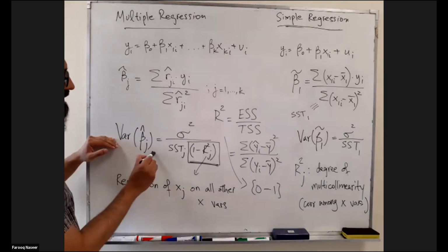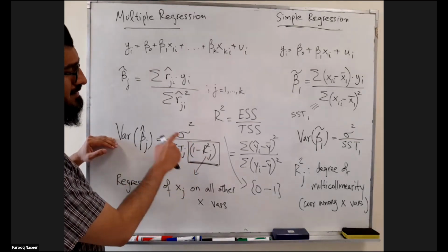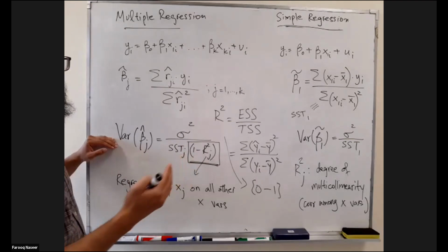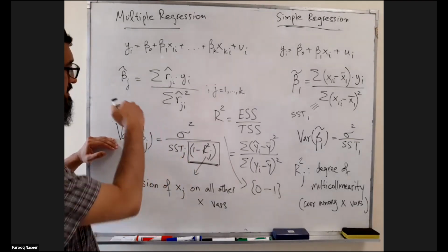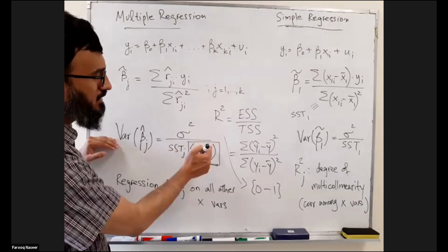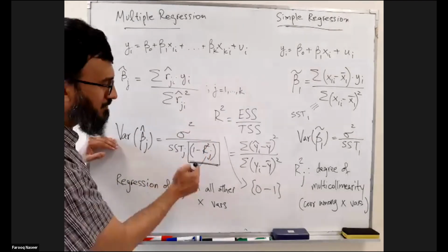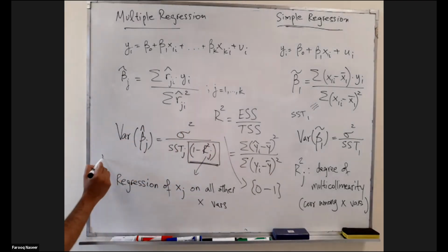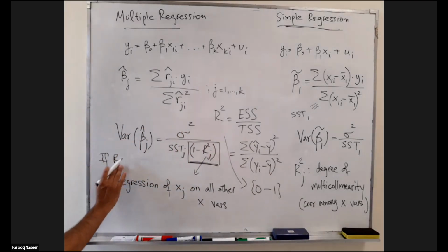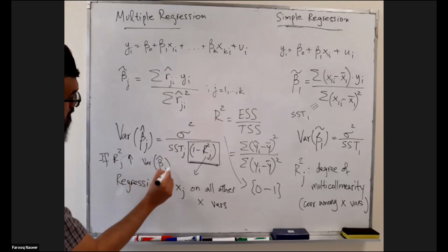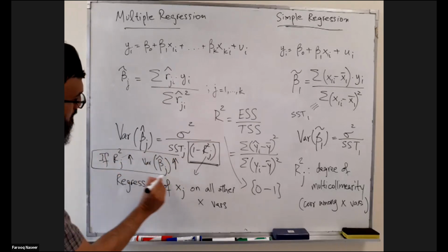Right. So the variance of beta hat j, notice that r squared j is coming in the denominator. But it is coming with a negative sign. So अगर कोई चीज denominator में आ रही है तो उसकी value बढ़ने से variance की value कम होनी चाहिए. But क्योंकि ये negative sign के साथ आ रहा है तो इसकी value बढ़ेगी, तो 1 minus r squared j की value कम होगी और इसकी value कम होने से variance की value बढ़ेगी. So if r squared j goes up, variance of beta hat j goes up, and that's not good, that's bad.